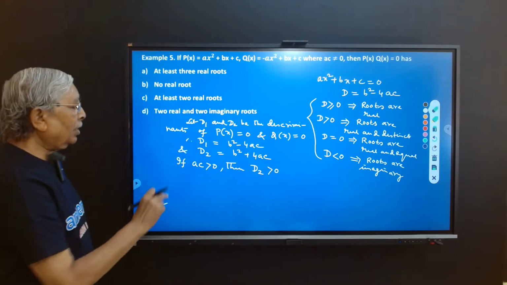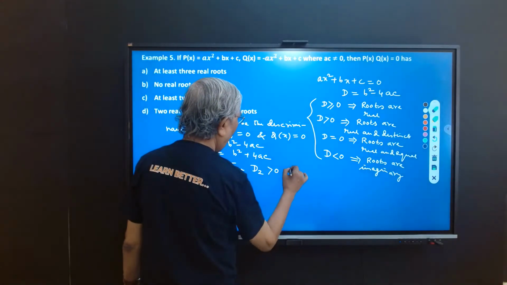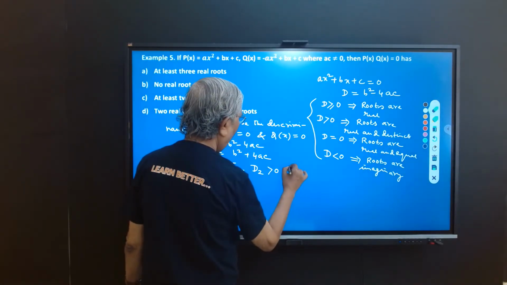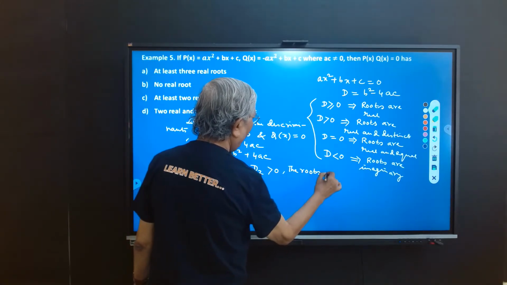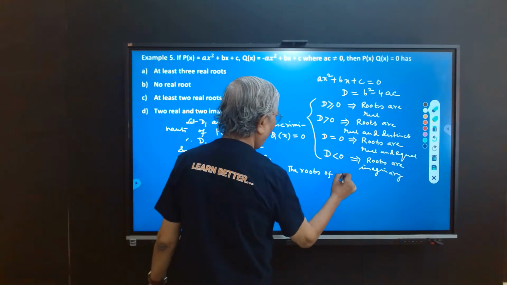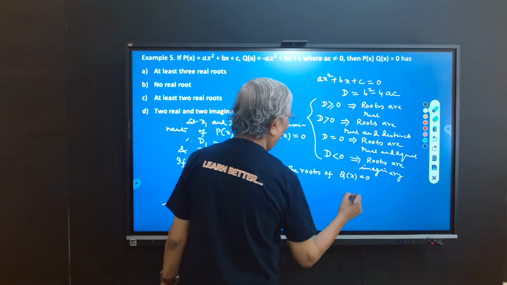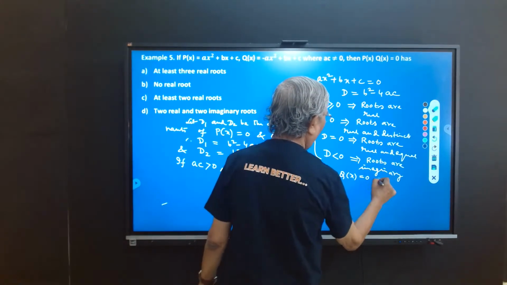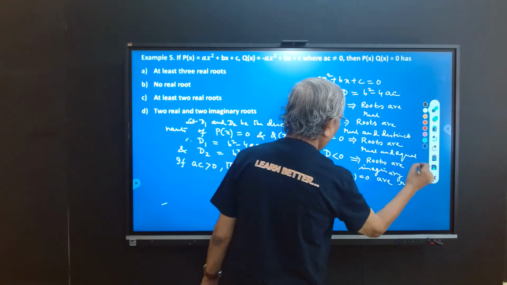D2 positive means that the roots of Qx is equal to 0 are real and distinct.